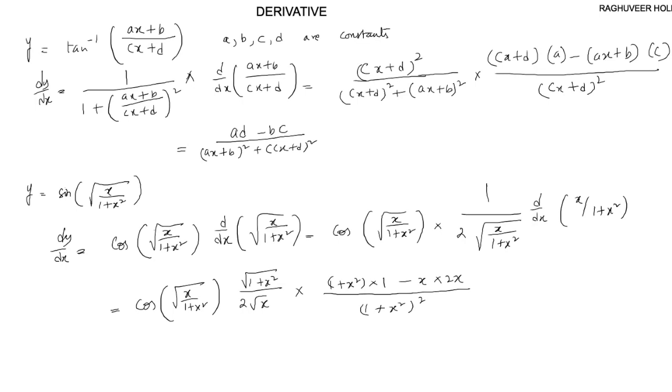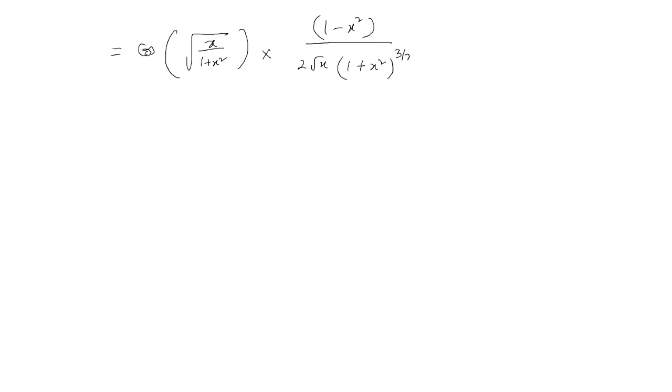Okay. Now then, after simplifying this, we get cos of square root of x by (1 + x square) multiplied (1 minus x square) divided by 2 root x and (1 + x square) to the power of 3 by 2, right? So this is the solution.